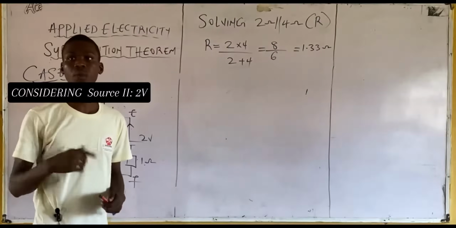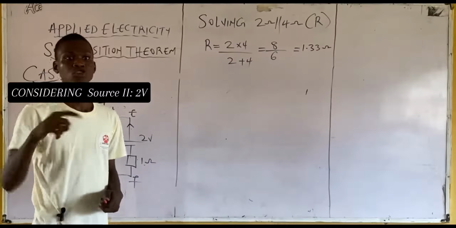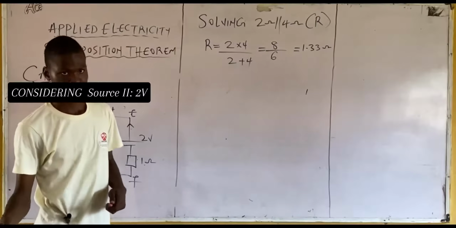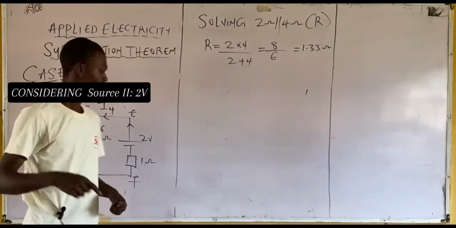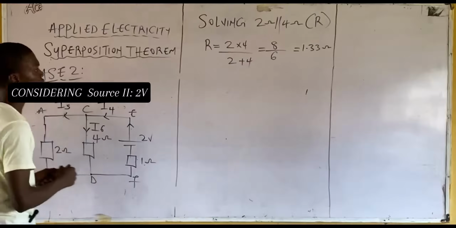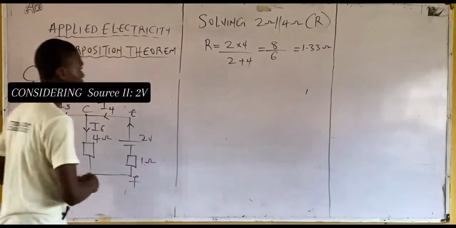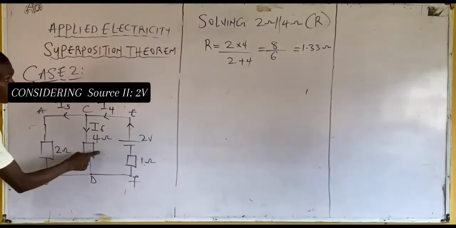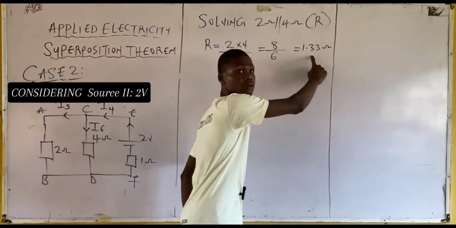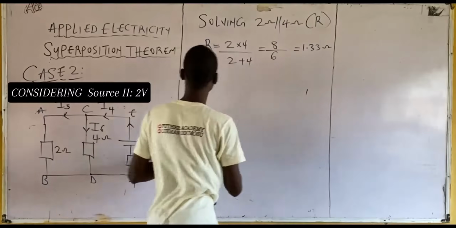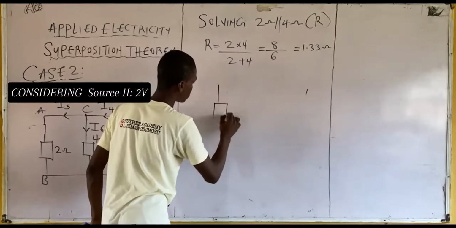Step 2 is what? What will be the next step? We draw the equivalent diagram. We are reducing this diagram. I'll be representing the 2 ohm resistor and 4 ohm resistor as this equivalent resistor. Then I have this diagram.